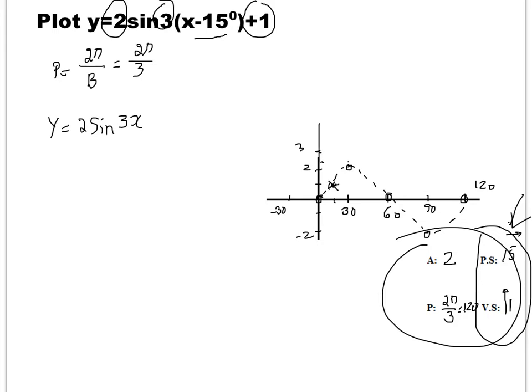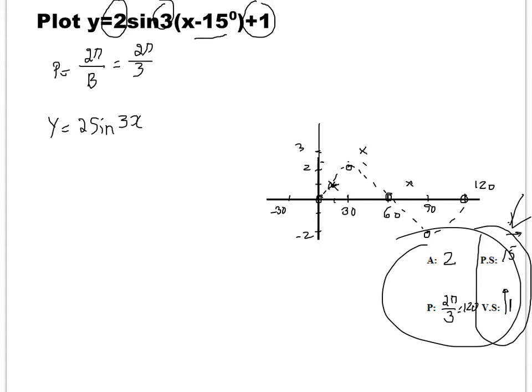I'm going to go right 15 degrees and then go up 1 unit. So I'm going to end up here. The next one is this point. Now I go 15 degrees to the right and 1 unit up. So I'm going to end up at a point which is shown here.